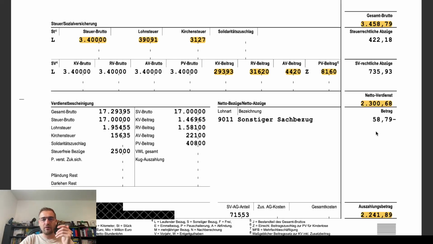So there's another thing. Do you know how much you could reduce your social security? Yes, you can. For example, in the health insurance, you can move to a cheaper health insurance, but you should be aware that if the health insurance is cheaper, it might be possible that you have fewer benefits.